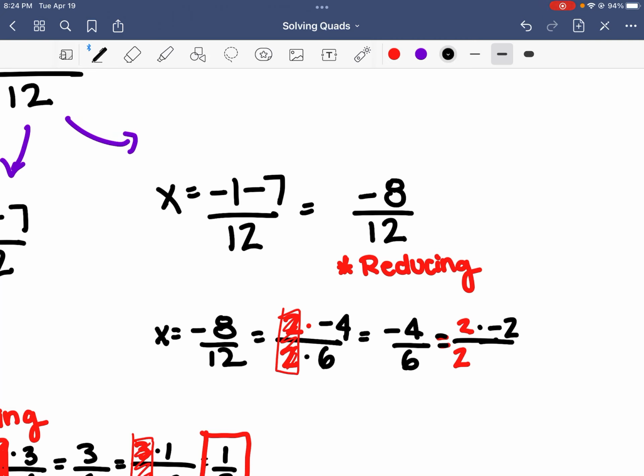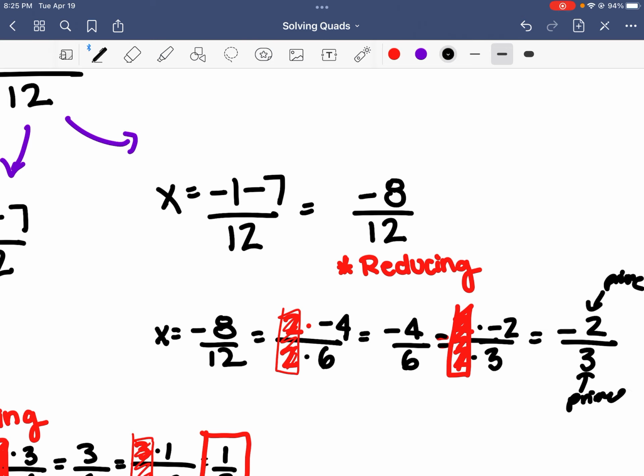And I know that 2 times 3 will give me 6. So I just create another giant 1. Now, can I reduce this next fraction? I can't because 2 is prime and 3 is also prime. Anytime I run into 2 prime numbers, I know that I should stop. So that is my second answer.